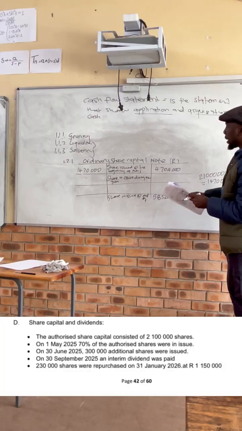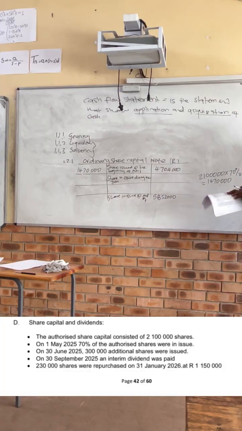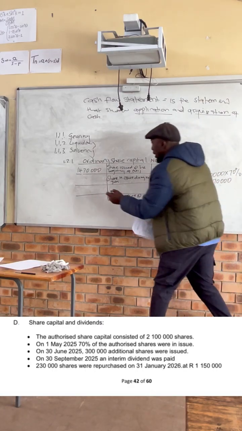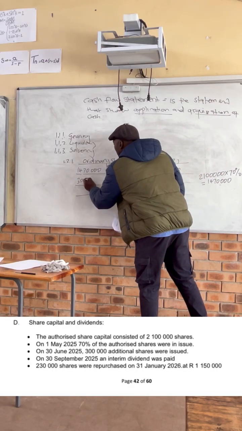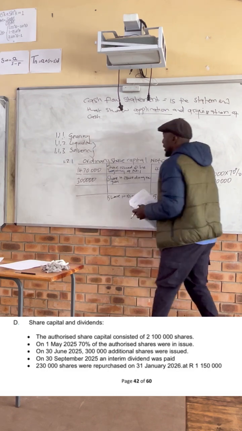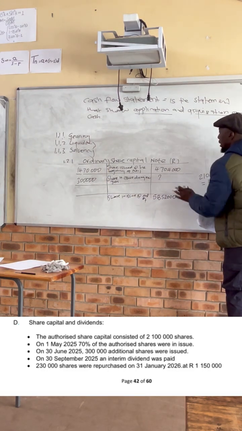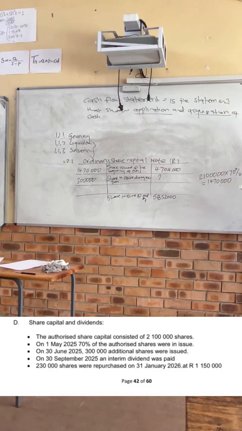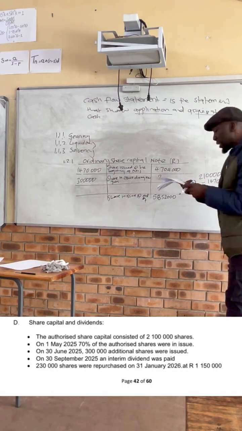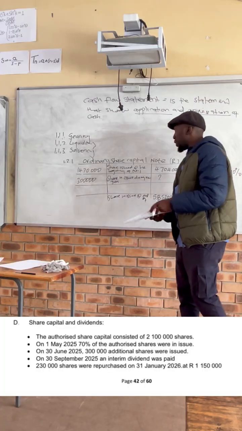Now let's go to the third bullet. It was given: 300,000. We don't have the additional shares that we issued during the year. They just told us that 300,000 additional shares were issued.